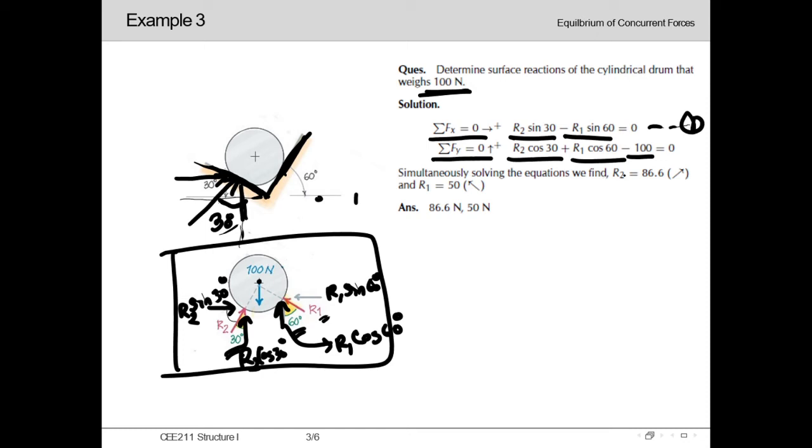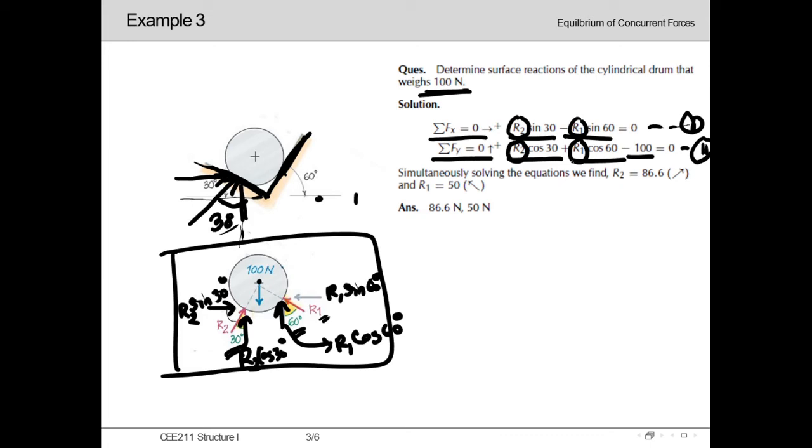So from here we are getting two equations, and in these two equations only two things are unknown, which are r2 and r1. Similarly in equation 2 also r2 and r1 are unknown. So we know that using two equations we can determine two unknown values.